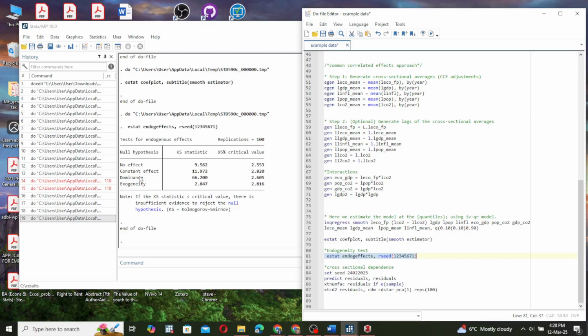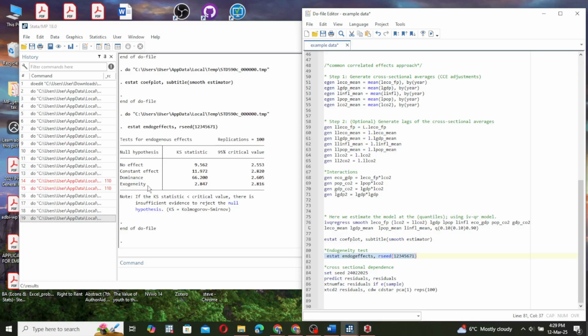Dominance says that the null hypothesis is that the effect is strictly negative or positive. But in this case, since the statistic is higher than the critical value, it means that it's not strictly positive or negative. It fluctuates, so it's either positive or negative at a certain point, and we find that in the results that we had.